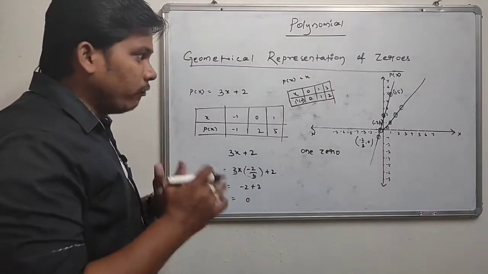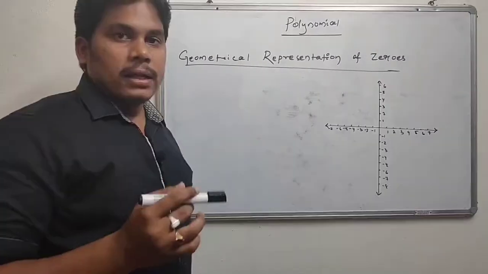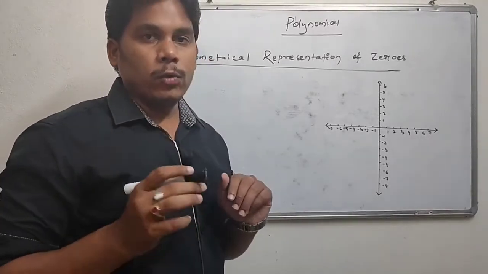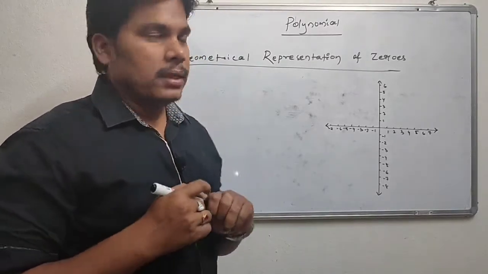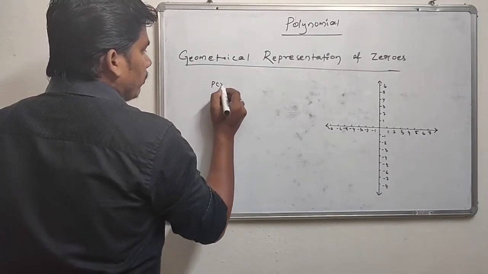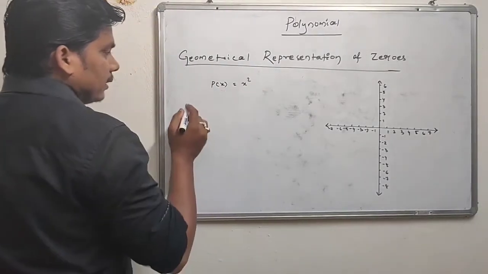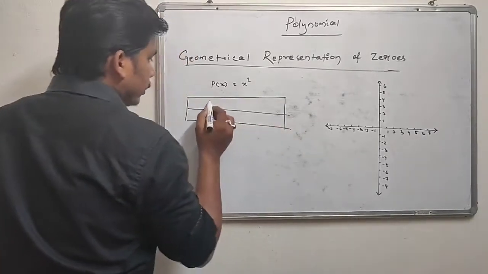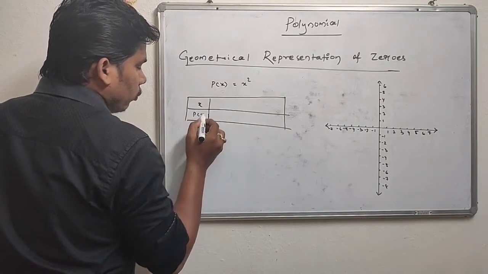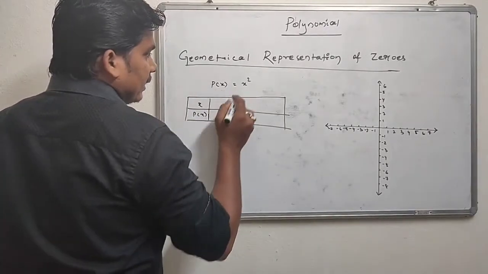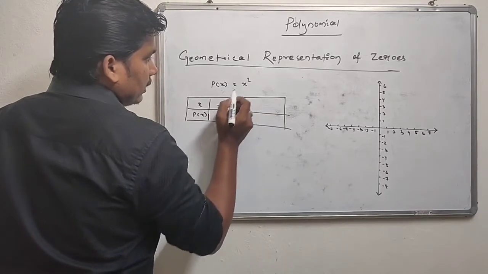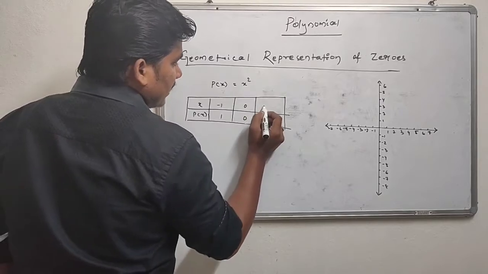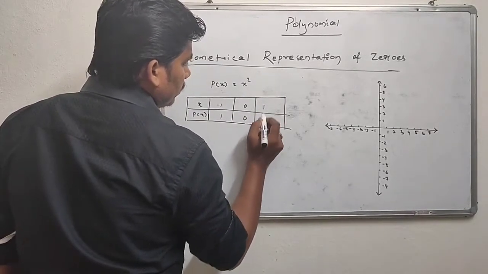Understand, my students? Now we shall understand for a polynomial for quadratic, any quadratic form. Just take px equal to x square. See, I will draw a graph for px equal to x square, so that you might see what shape we are getting. Let x be minus 1, then x square will be plus 1. If x is 0, this will also be 0. If x is 1, this will be 1.